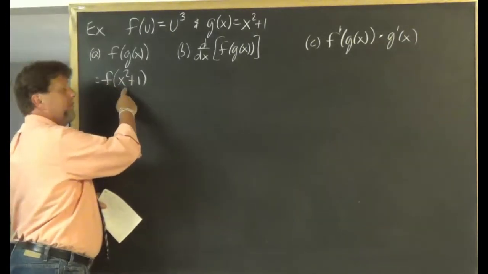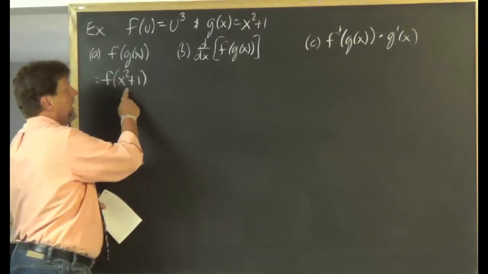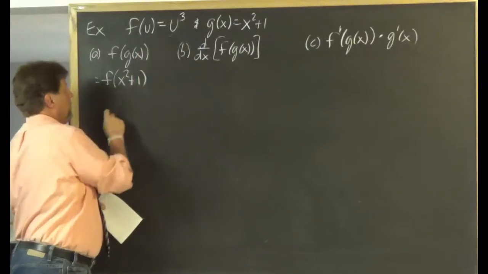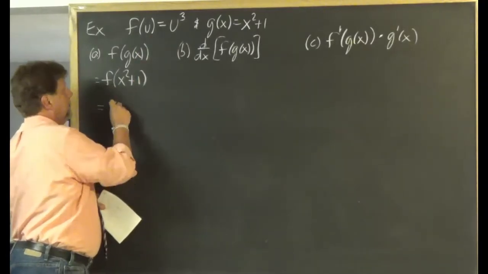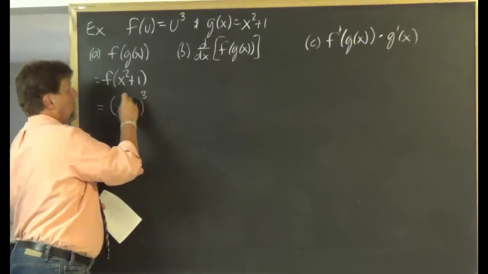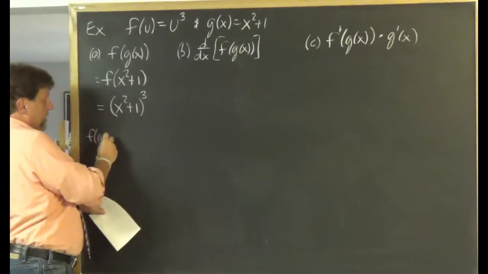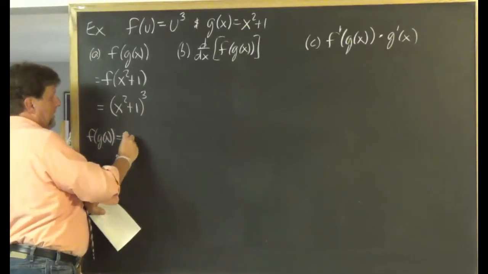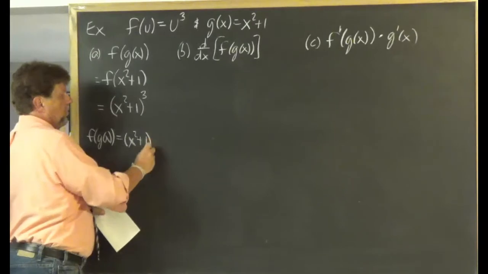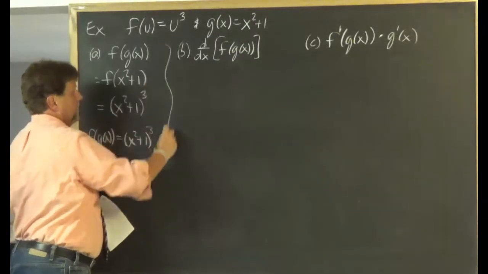To find f of x squared plus 1, you put x squared plus 1 in for u, and you get x squared plus 1 quantity cubed. So our f of g of x is x squared plus 1 quantity cubed.